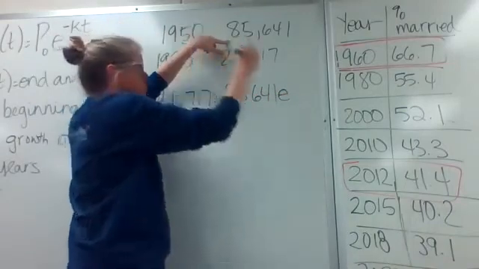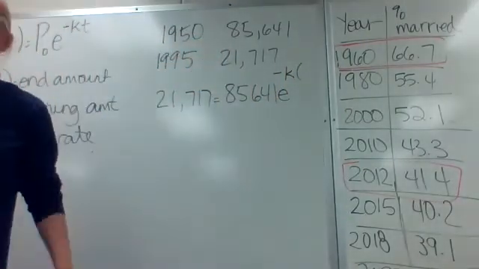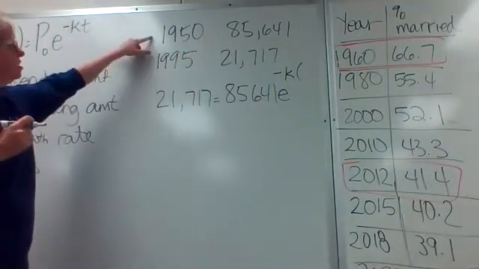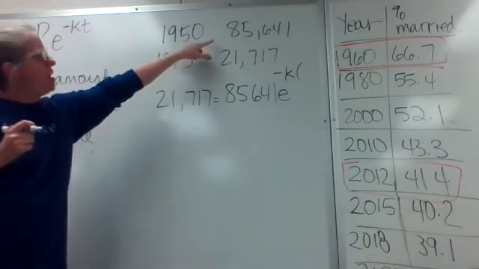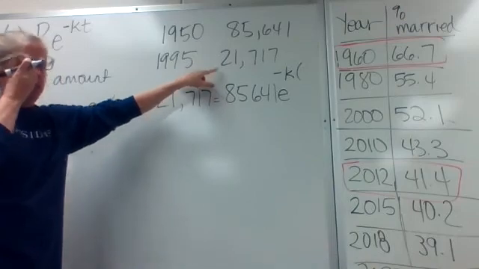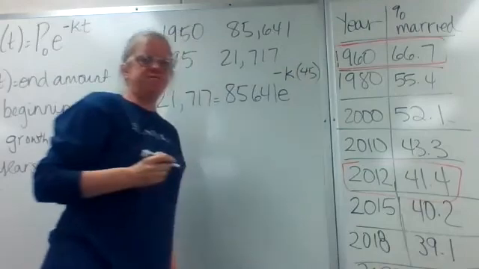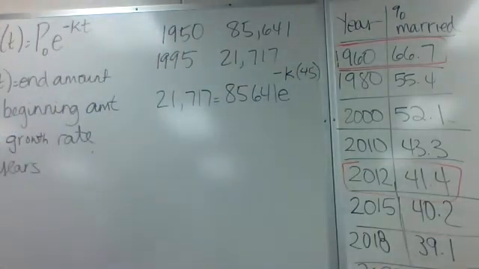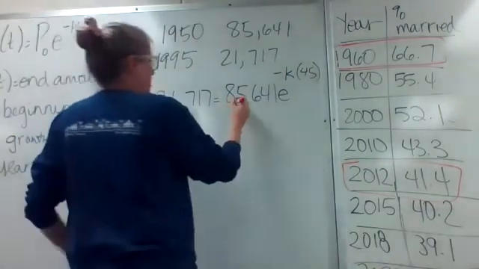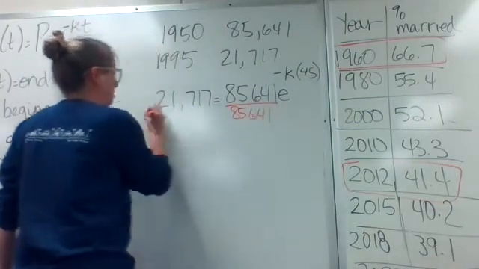E to the negative K times how many years did it take to get from 85,641 to 21,717? 45 years. All right, so let's find the K. So again, divide by 85,641.